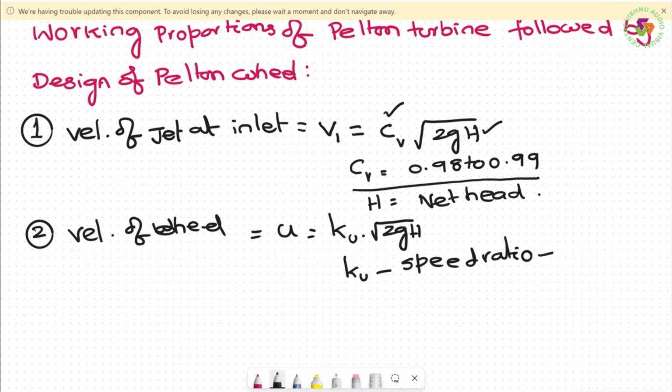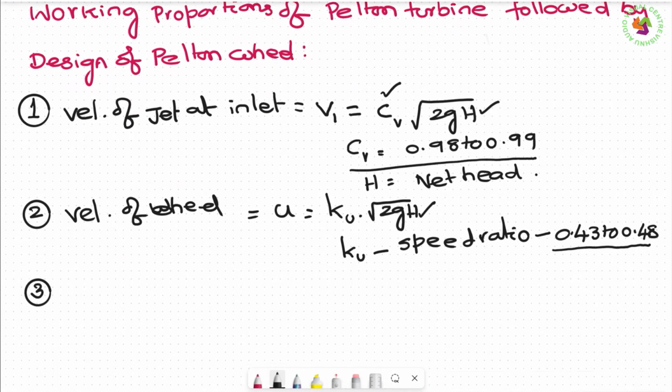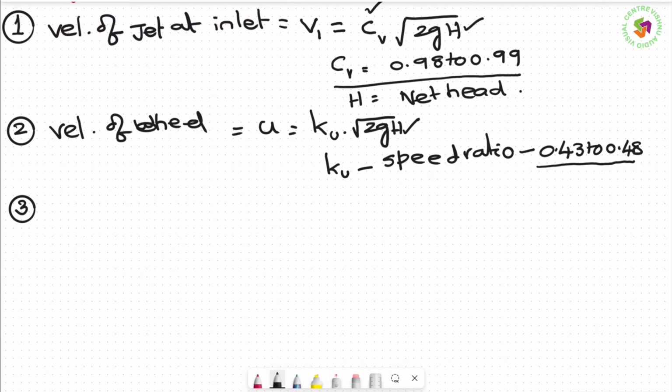This may vary between 0.43 to 0.48, approximately 0.5. The previous one is almost 1; this is 0.5. So 0.43 to 0.48, if it is given. If not given, you can take it and work it out. H is the net head again. So the velocity of wheel can also be easily obtained, knowing only the net head. Cv value and Ku value, if they give, take it, or otherwise you can assume and go ahead.